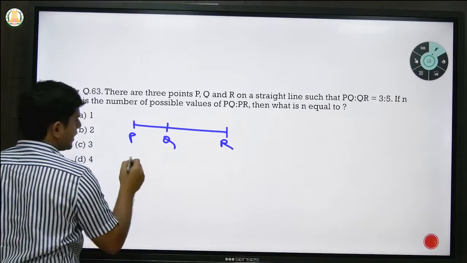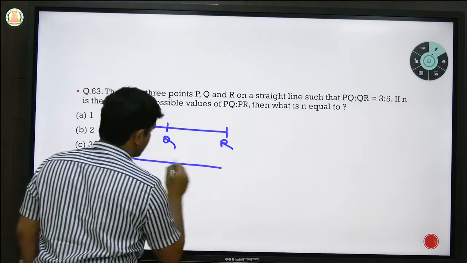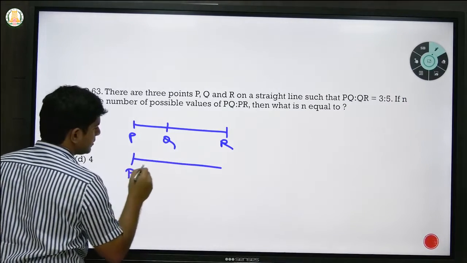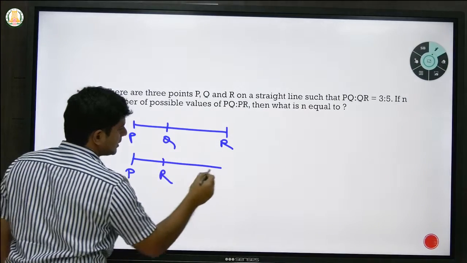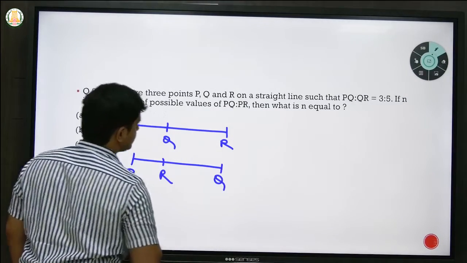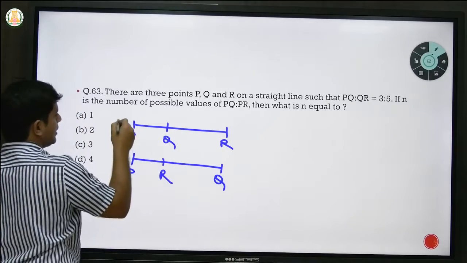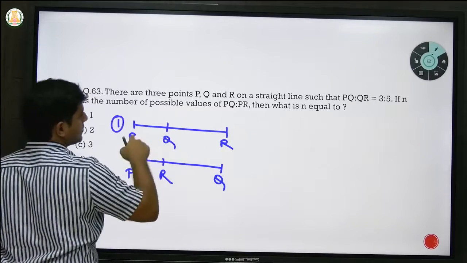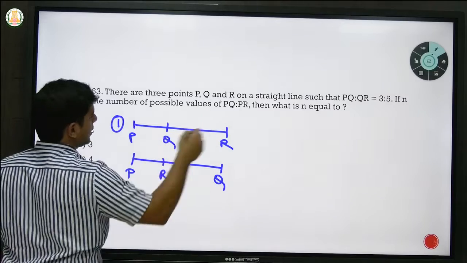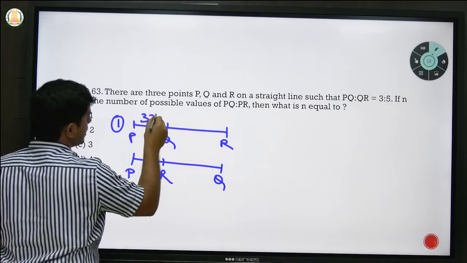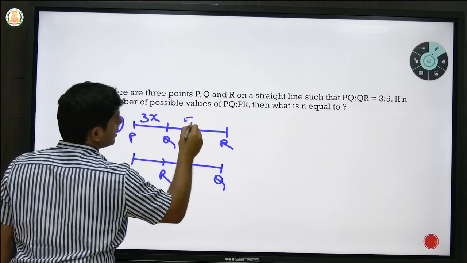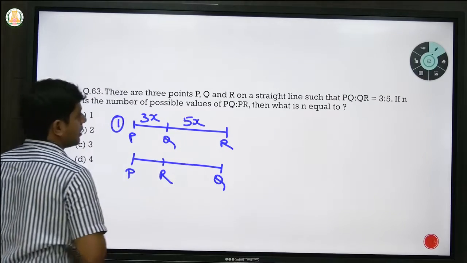The second possible combination is P is here, R is here and Q is here. Now simultaneously we'll also write the values. So he's saying PQ is to QR is 3:5. So let's assume PQ as 3x, then QR will be 5x.